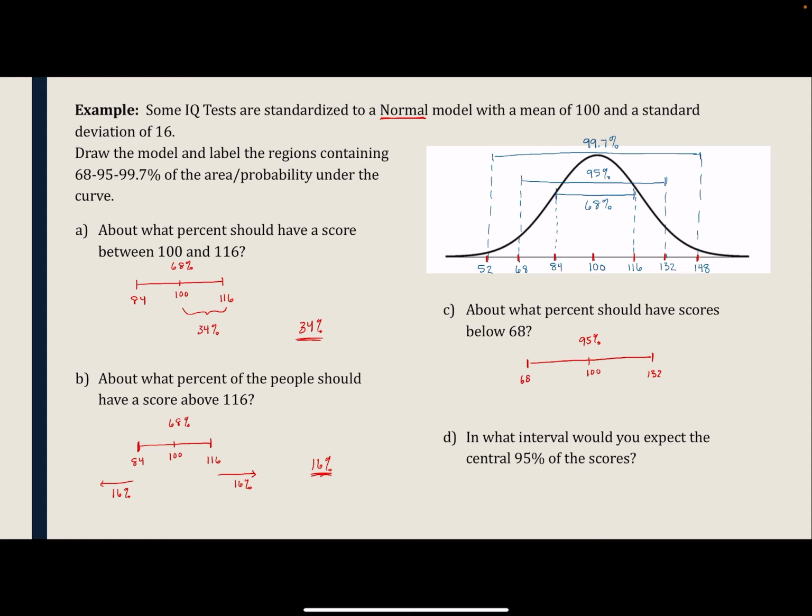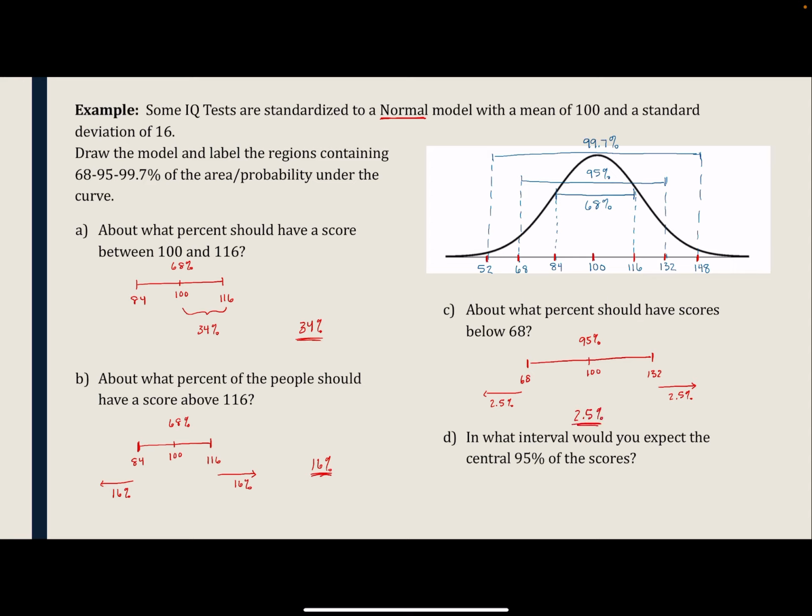But again, because this is symmetric, if I cut that in half, I know that 2.5% of the data then is above the 132 mark, and 2.5% of the data is below the 68 mark. So when it says what percent should have scores below 68, that would be 2.5%.